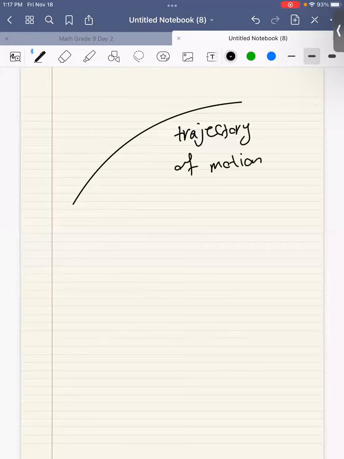So a particle moves like this in two dimensions. Trajectory means the points that the particle goes through in two-dimensional space, basically the path. It's a technical term in math and physics. You have to know this.